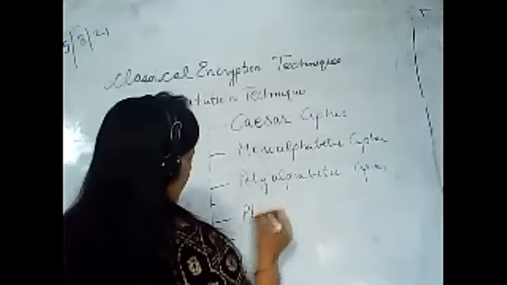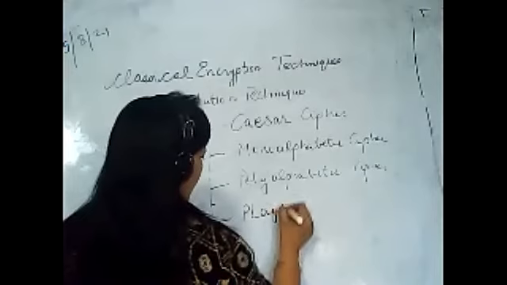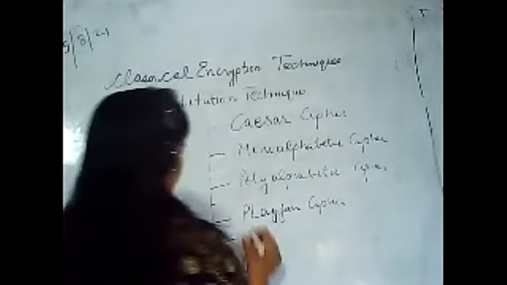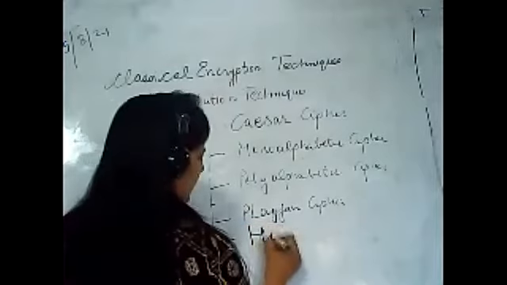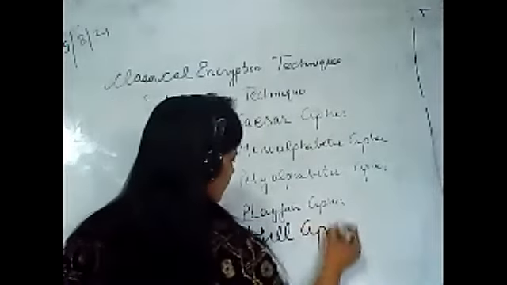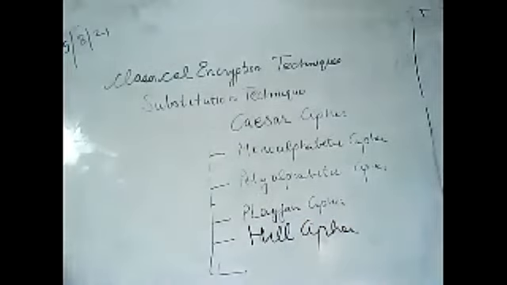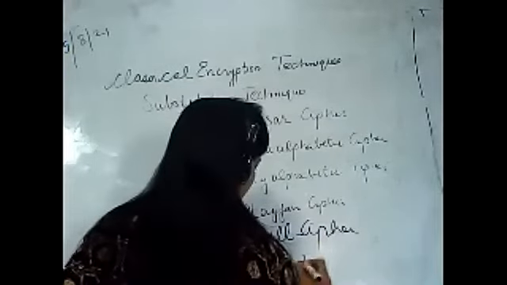Then we have the Playfair cipher, which we will be discussing. Okay. Then we have the Hill cipher, and after that we will be discussing the one-time pad cipher.